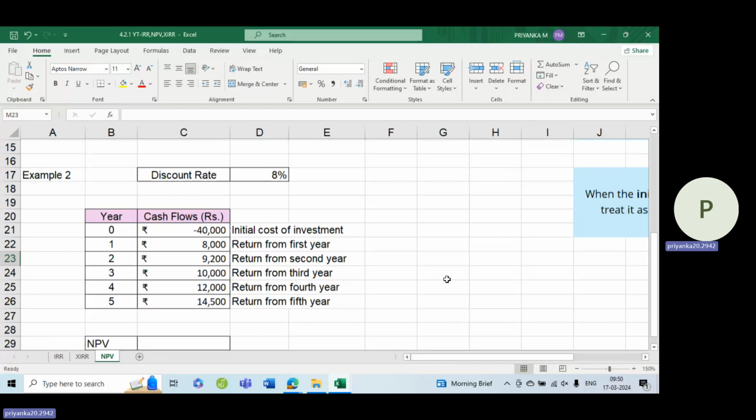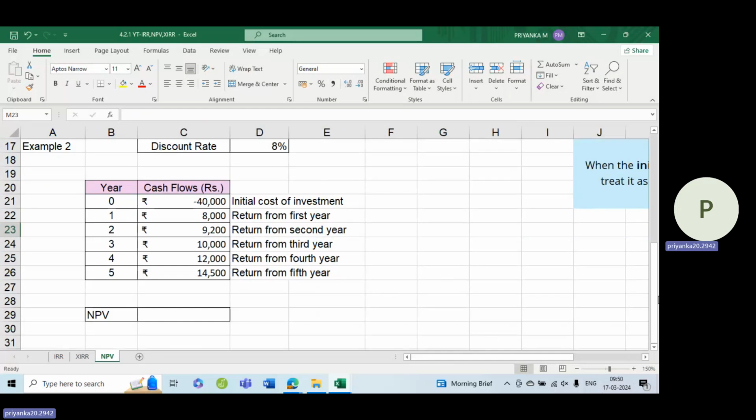So here, what they say is the discount rate is 8%, and I have a series of years and my cash flows. So this is going to be my initial cost of investment at the beginning of the year itself, which is my cash outflow.